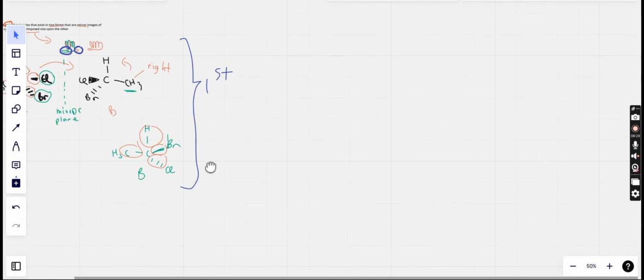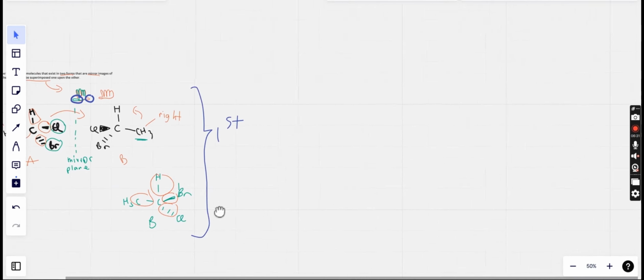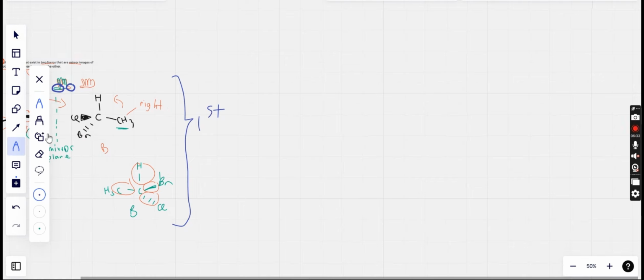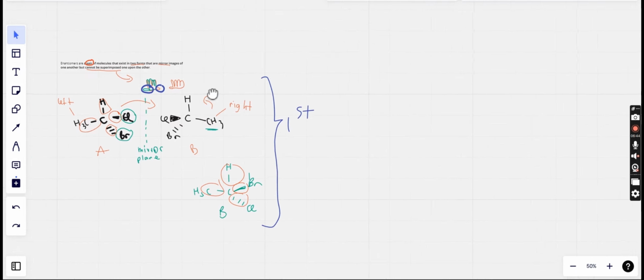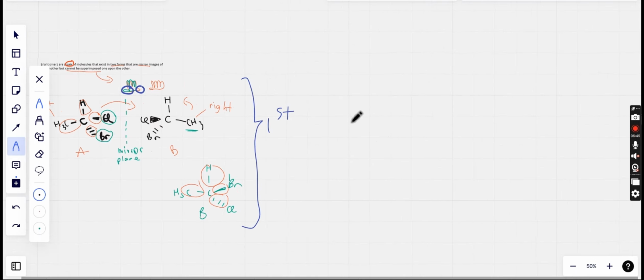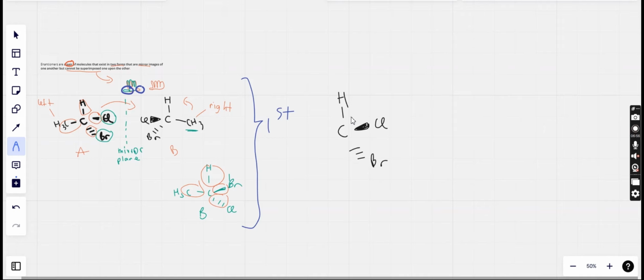So what about the second method? The method I actually prefer is that, let me just draw back the same molecule. Let me switch to black. Okay, so let's say that I have the same molecule again, CH3, C, Br.